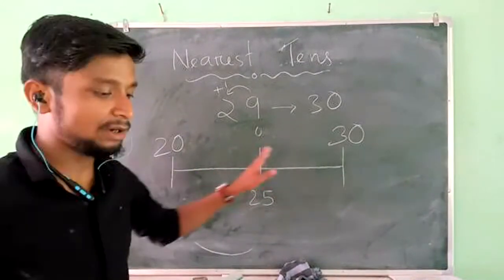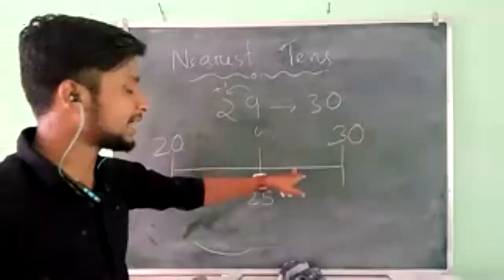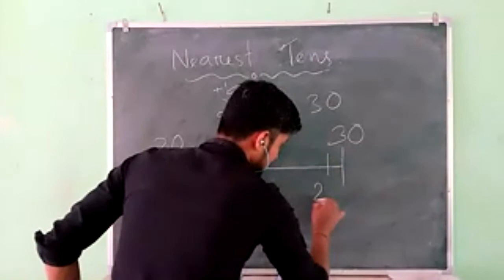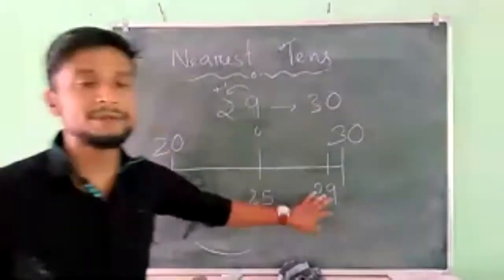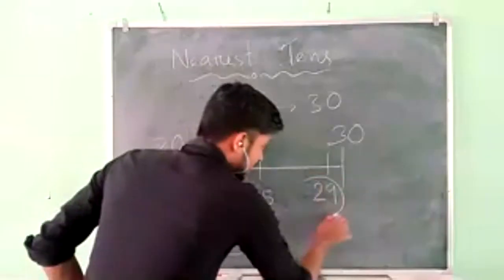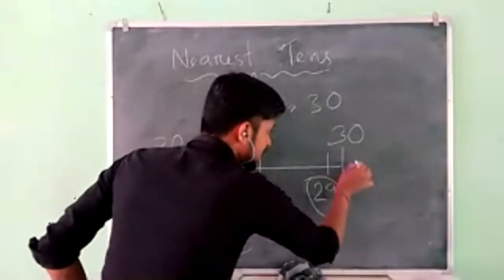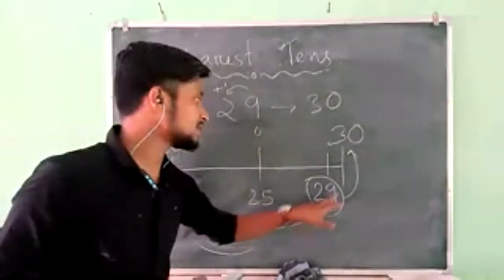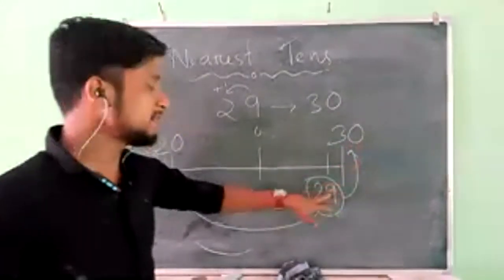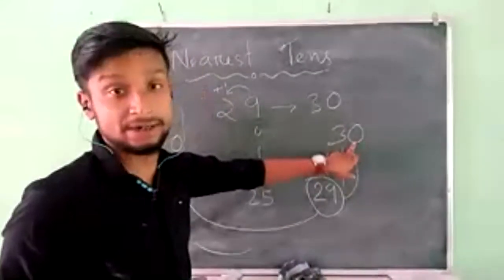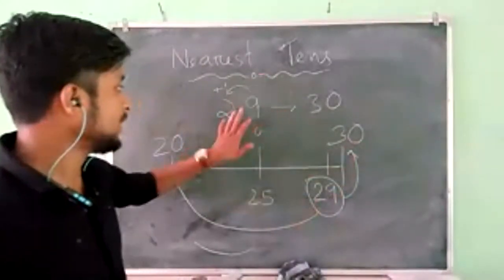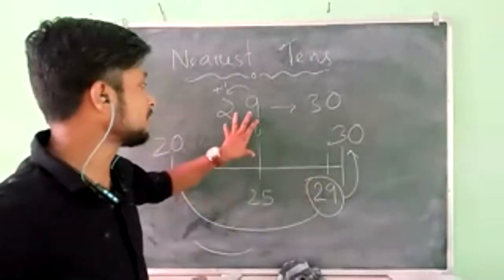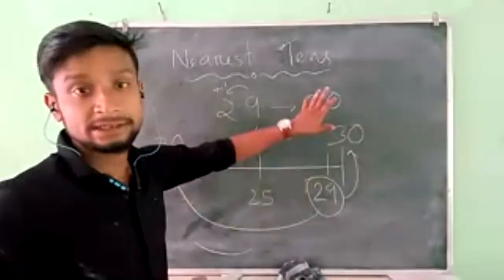Obviously 29 will be on the right. So is 29 nearer to 30 or nearer to 20? Yes, 30. So 29 is nearer to 30 only. So when we round off 29, it will be 30 only.